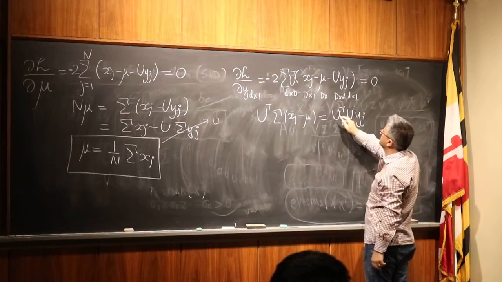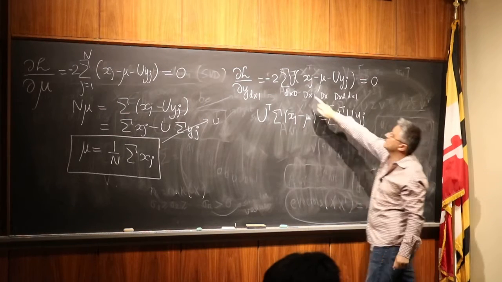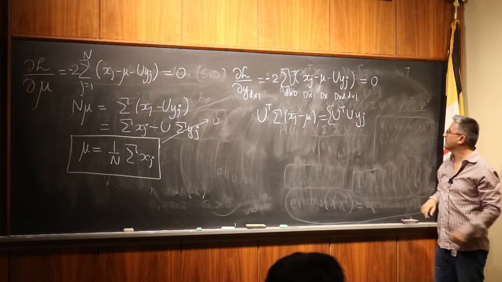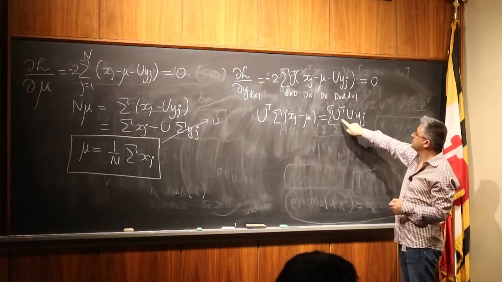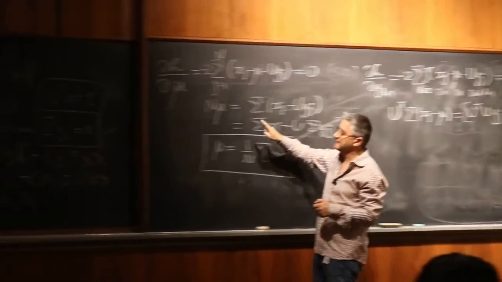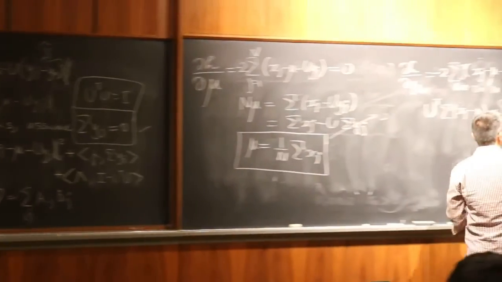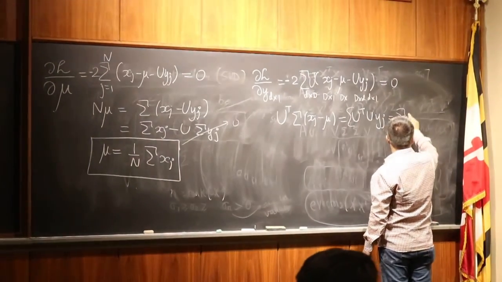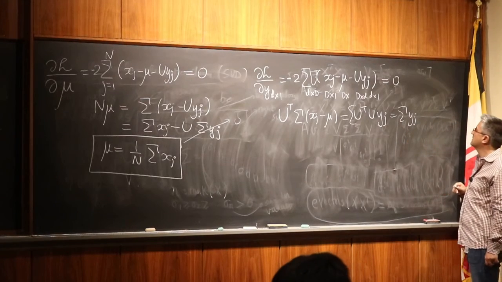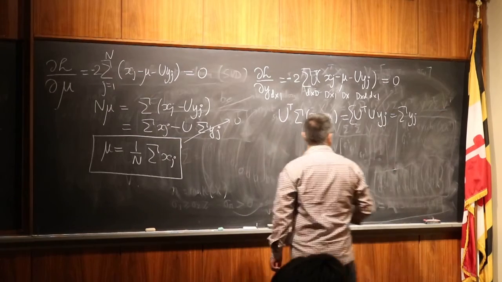I guess there is some sum as well. Now, what is u transpose u? The identity. There it is. So this is the same thing as the sum of the yj's. And what is the sum of the yj's? 0.